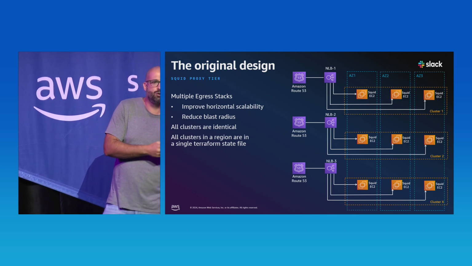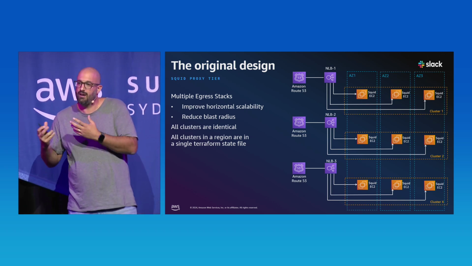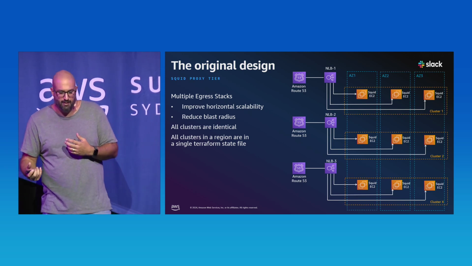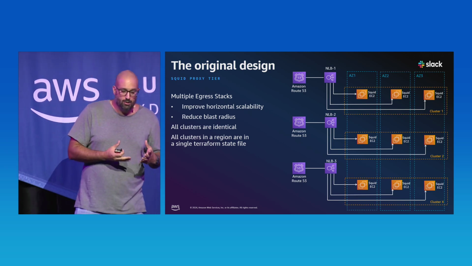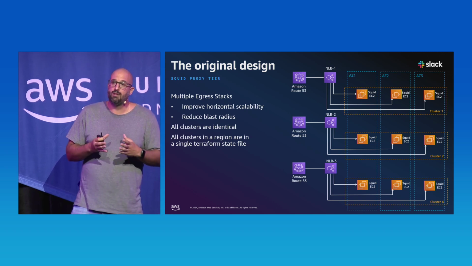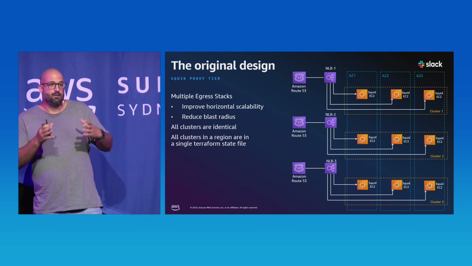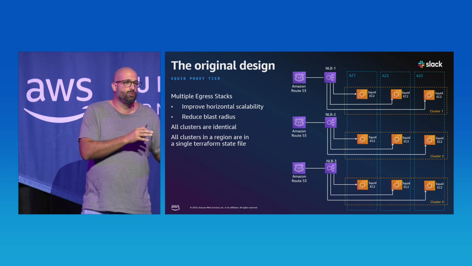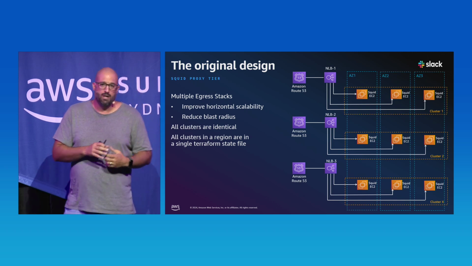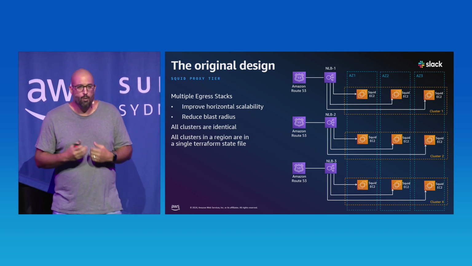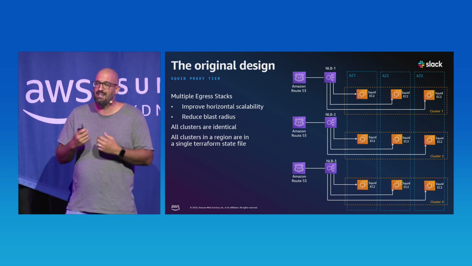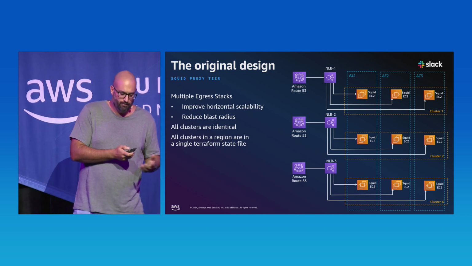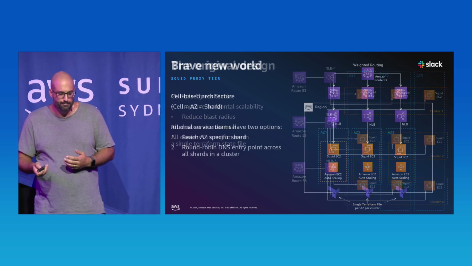So if a workload took down one of our clusters, it only impacted that singular cluster and didn't cascade through the fleet. At this point in time, all our clusters globally are identical. And within a given single region, all our clusters live in a single Terraform state file, which led to the problem where we were unable to safely and easily deploy a change to a single cluster without causing another outage.